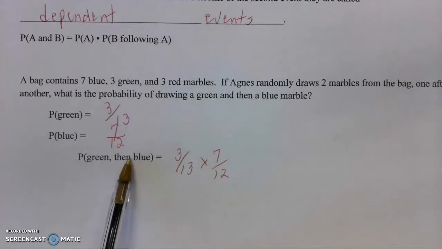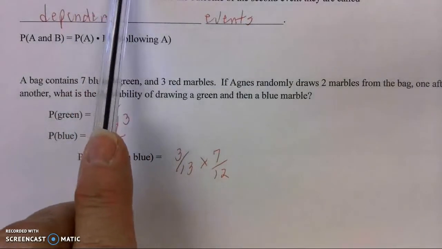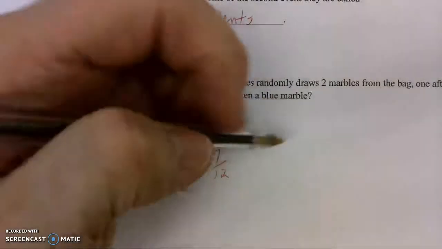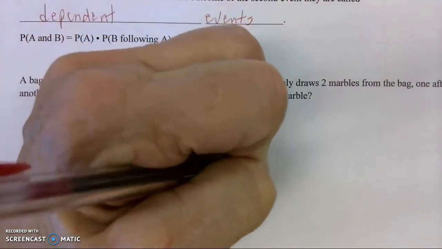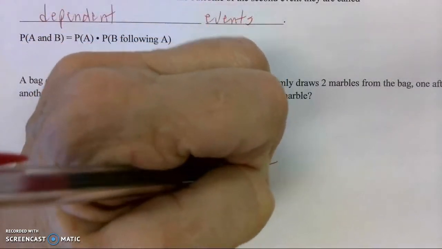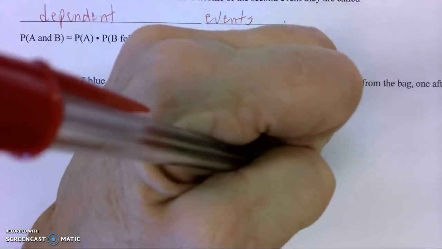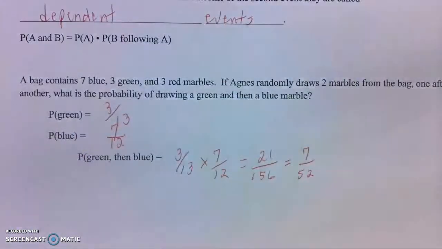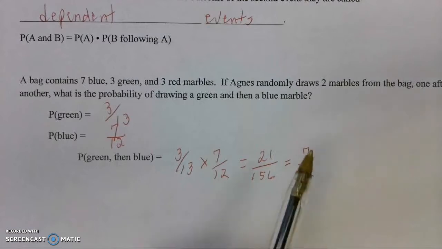That kind of tells you that this is dependent, and that tells you it's independent. So I'm going to multiply my two numbers together. That's 21 over 156. And then if I simplify that, the probability of my first draw being a green and then my second one being a blue is 7 out of 52.